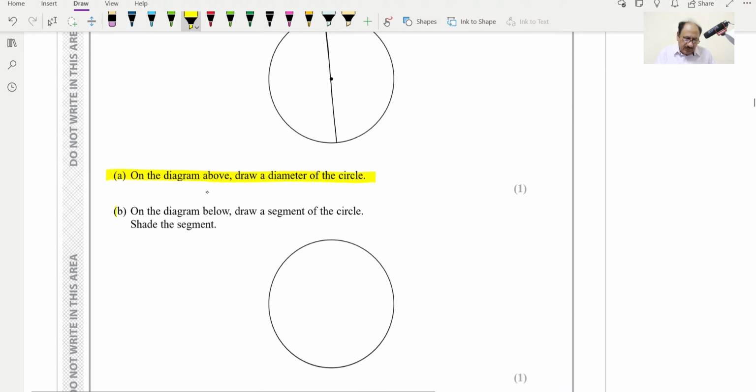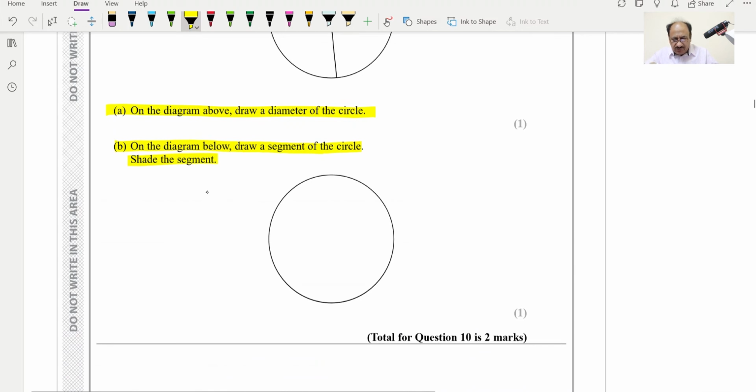So B part, on the diagram below, draw a segment of the circle and shade the segment. So segment of the circle, we can draw any portion like this is the segment, and we have to shade it also.